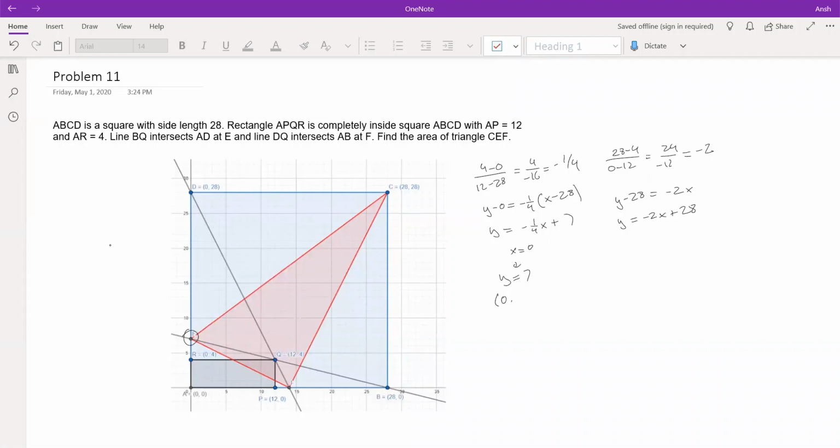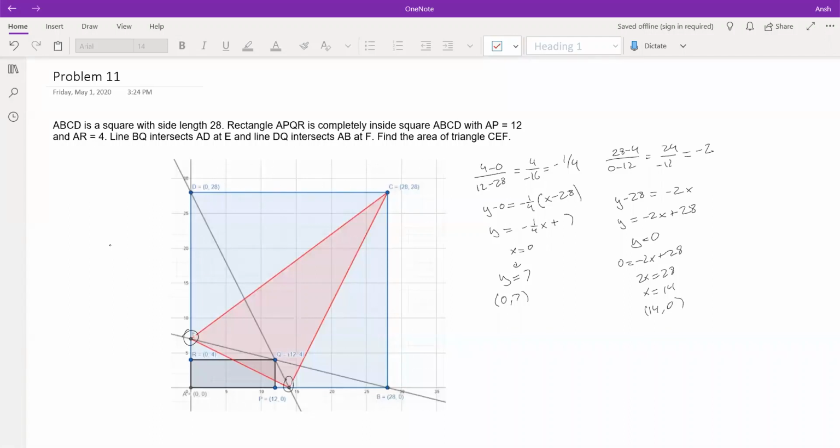Then for our other line, it intersects AB, and AB is just the x-axis, so that means y equals 0. And that means we get 0 equals negative 2x plus 28, so 2x equals 28, and solving for that, we get x equals 14. So that means our point is at 14, 0.